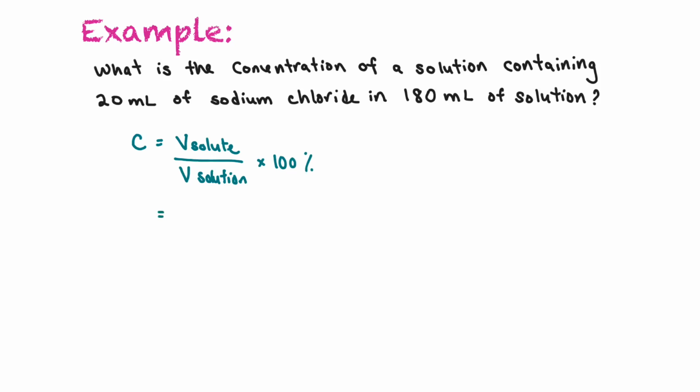We need to make sure that our units match up. If they were the wrong units, you would need to convert one to match the other. So 20 milliliters divided by 180 milliliters times 100. Putting that into our calculator, 20 divided by 180 times 100 equals 11.11%. That is our percent concentration.